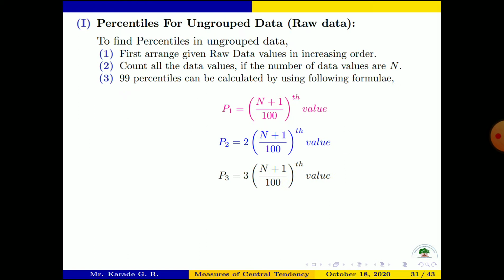To find the third percentile P3, the third percentile of the given data is nothing but 3 times (n plus 1) divided by 100th observation of the given data. You have to find that observation in the data, and that value is our third percentile.